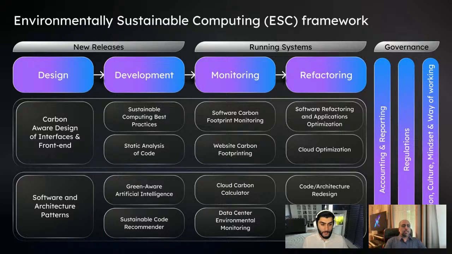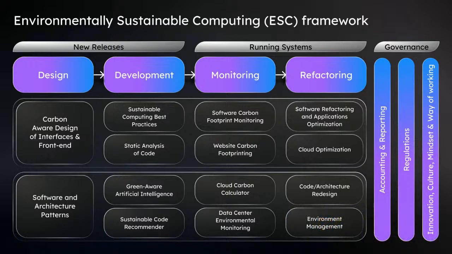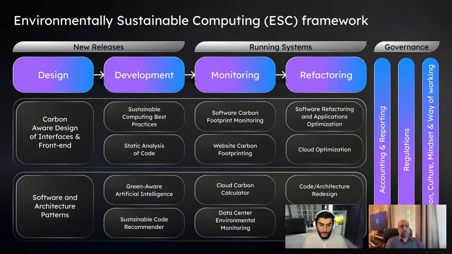Of course, the new releases are very challenging to adopt because you need to revamp the software creation and also the running system, but they're all very well considered and very well discussed under the environmentally sustainable computing framework. But these are all mostly adapted to Web 2 applications.